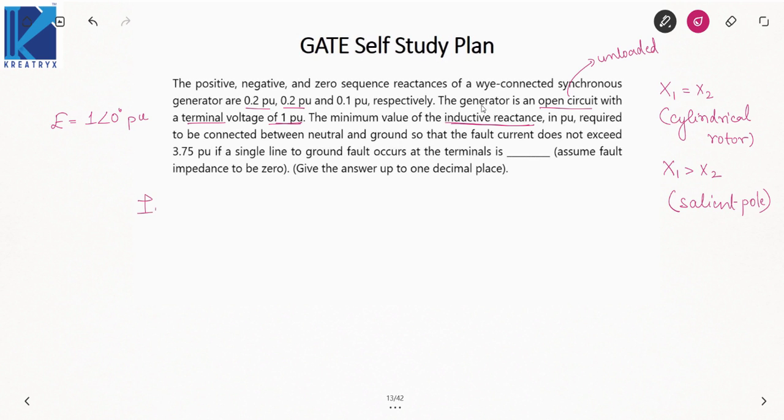So I know the value of fault current is 3 times E divided by x1 plus x2 plus x0 plus 3xn. I am taking only magnitude, that is why I am not considering j in reactance. Is it fine? So IF is 3.75, it is saying.